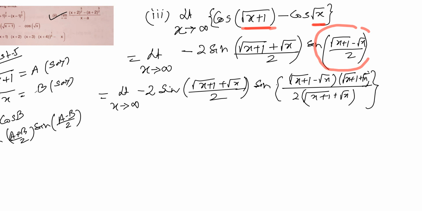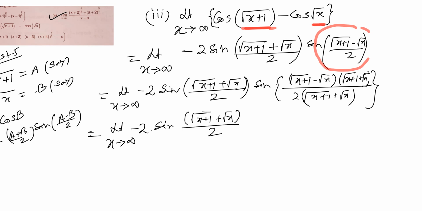So this way we will simply multiply both numerator and denominator by this same expression. Then let's see what comes. Here, limit x tends to infinity, it comes down to minus 2 into sine of (root over of x plus 1 plus root x) by 2. And here you will see it comes down to sine of (x plus 1) because we basically know a plus b into a minus b, if you multiply it, it comes down to a square minus b square.